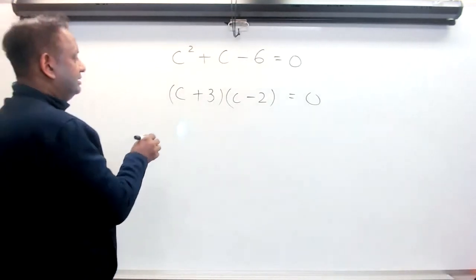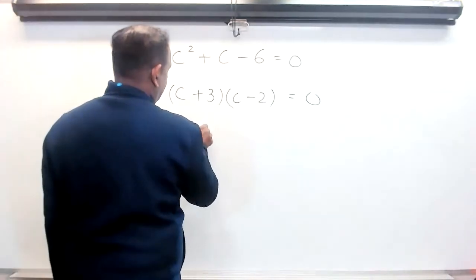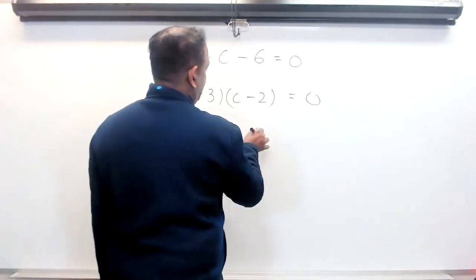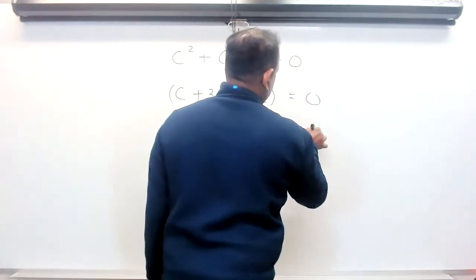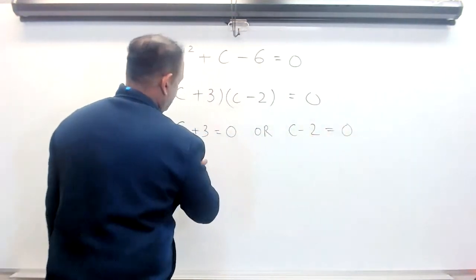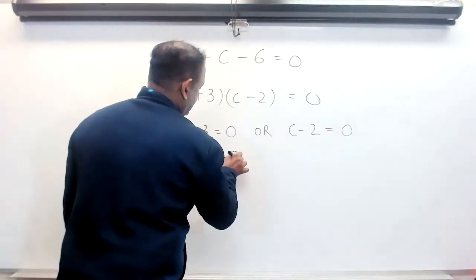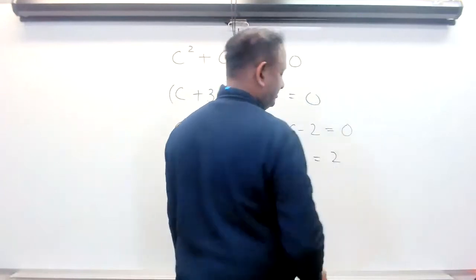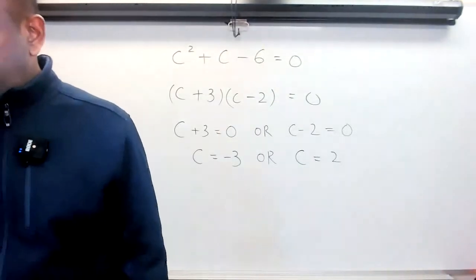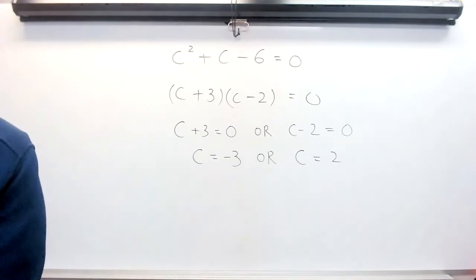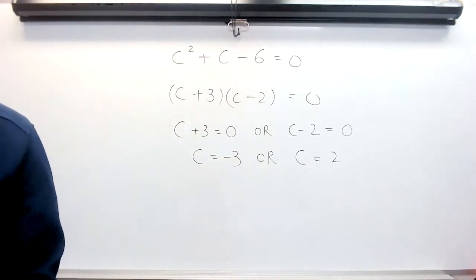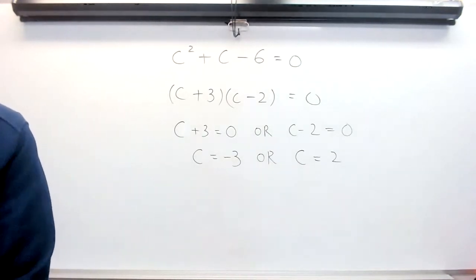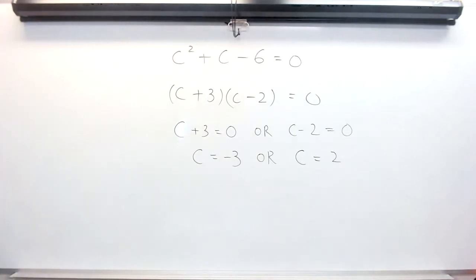Therefore, you have c plus 3 equals 0, or c equals negative 3, or c equals 2. Okay, then we got the c.